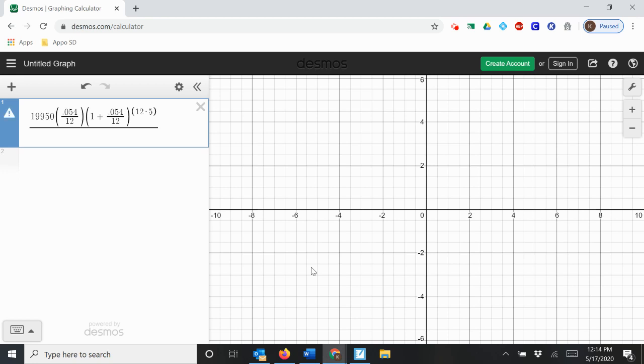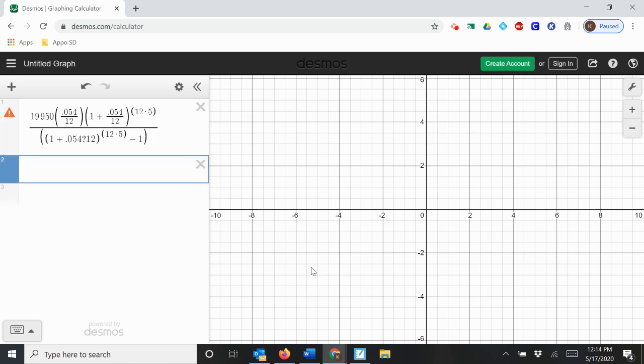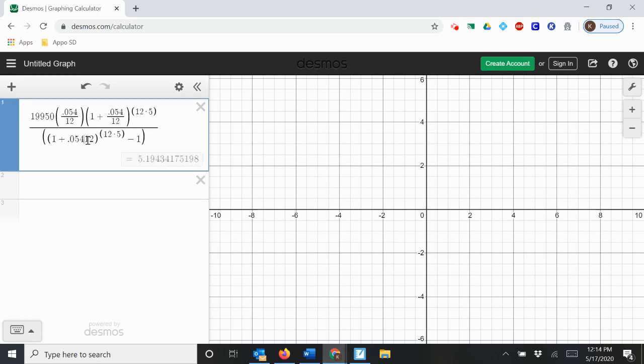And then I need another divide sign. I really like Desmos because it makes it look like how we wrote out our formula. Then another exponent, 12 times 5, and then don't forget that minus 1. I hit a wrong button here. That should be divide, 12. Let me fix that.